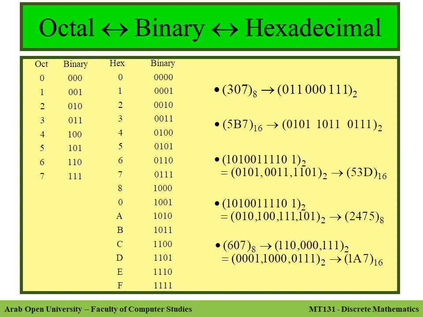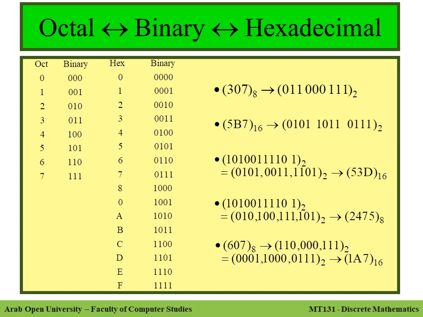This is the first line in the table. And the number 3 can be replaced by 011. Here, the result gives you the same number in base 2. This is just done in one step by replacing each digit in base 8 by the 3 digits which are equivalent to it in base 2.